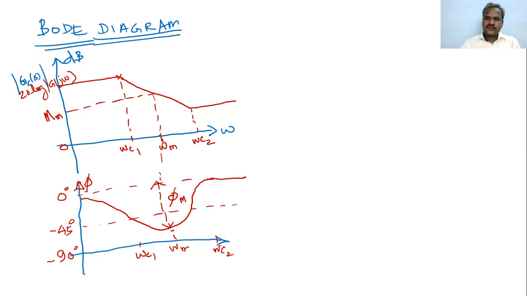Let's see what the inferences from this Bode plot are. These Bode plots are plotted considering Kc equal to 0.1 and beta equal to 10, the maximum beta value. What are the inferences?